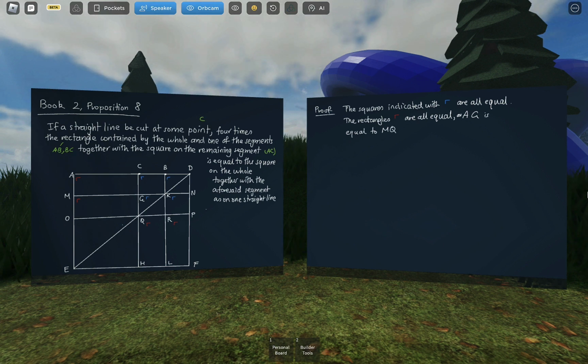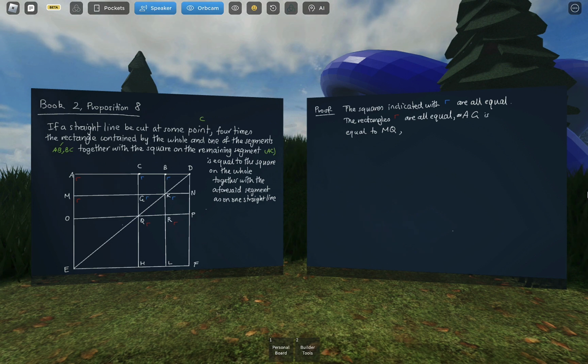That's because CG is equal to GQ for reasons we've sort of addressed before, and they have a common base AC, or rather AC is equal to MG. Okay, so that gives us that AG is equal to MQ. Now it's, which proposition? 1.43.